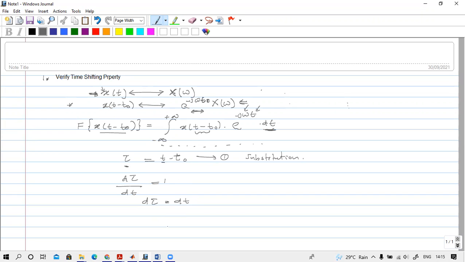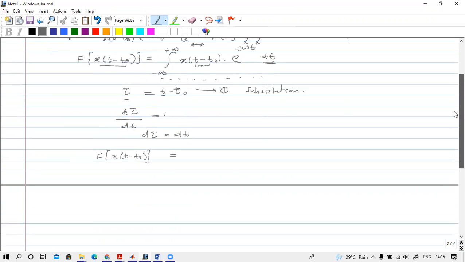Now I am going to substitute this value into this identity. That is the Fourier transform of x(t minus t naught). I will get the integral from minus infinity to plus infinity.